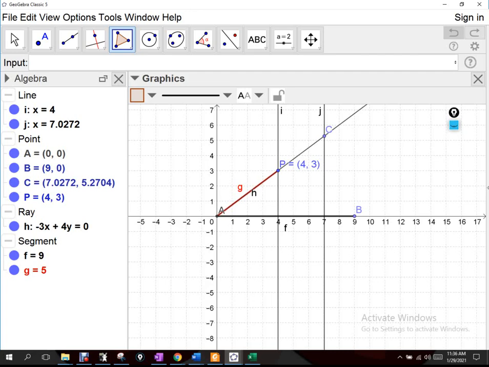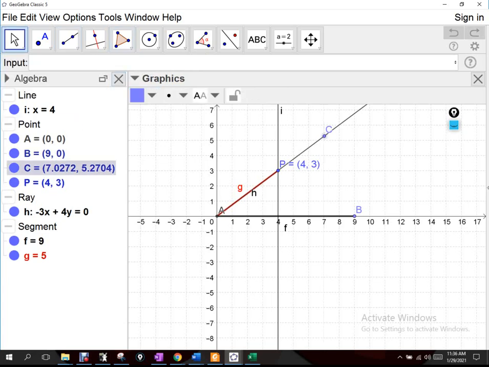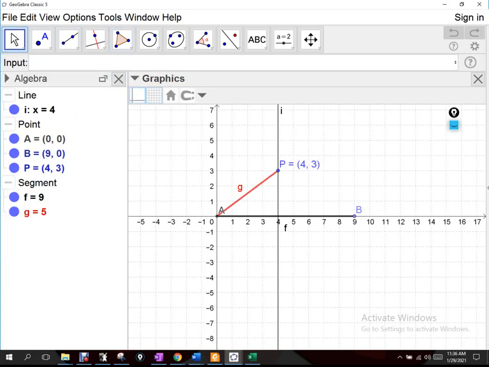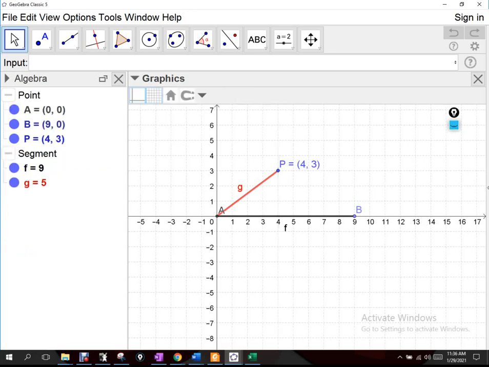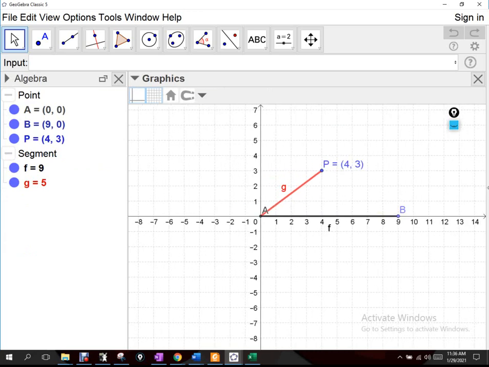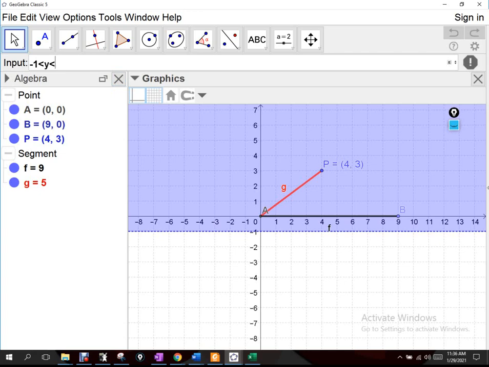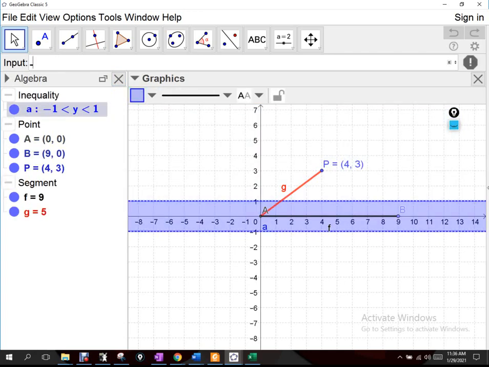Okay. But there are, to understand the principles here, there are questions, there are practices, procedures that do kind of concern ourselves with where point P is as an ordered pair. Eventually, what our interest will be to, let's go -1, less than y, less than 1, and then -1, less than x, less than 1.